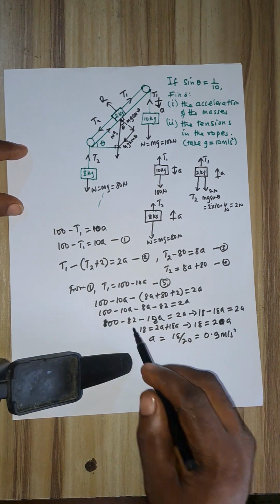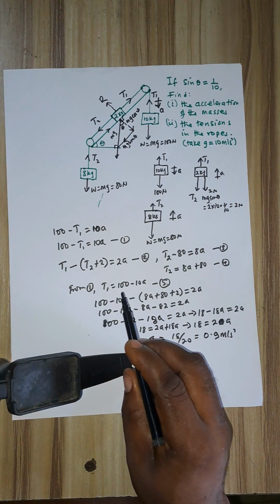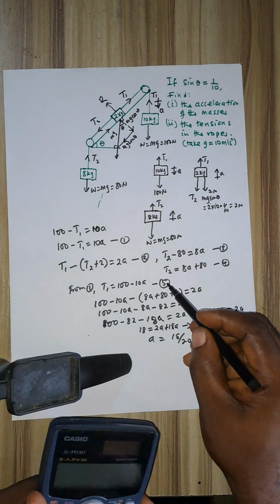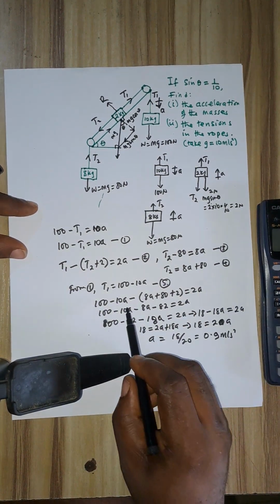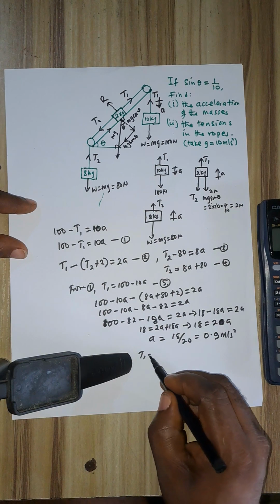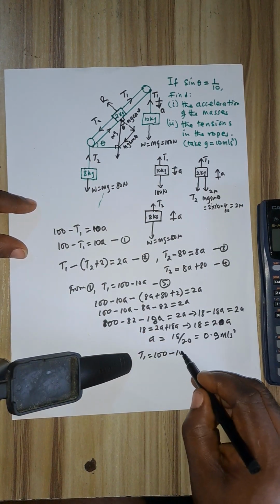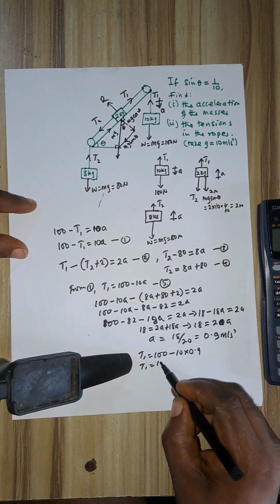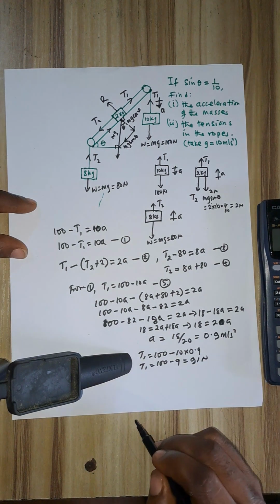So T1, from equation 1, T1 is 100 minus 10a. That is 10 times 0.9. That means T1 is 100 minus 9, which is 91 Newton.